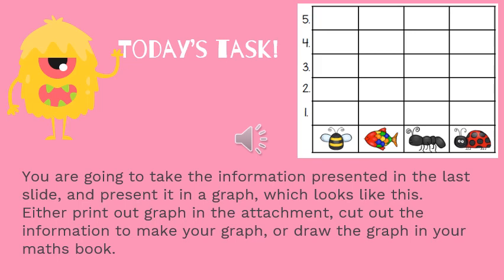And up and down the left-hand side of the graph, it's got the numbers 1, 2, 3, 4, and 5. You're going to use the pictures to put them into the graph. I wonder what you'll find out once you do that.